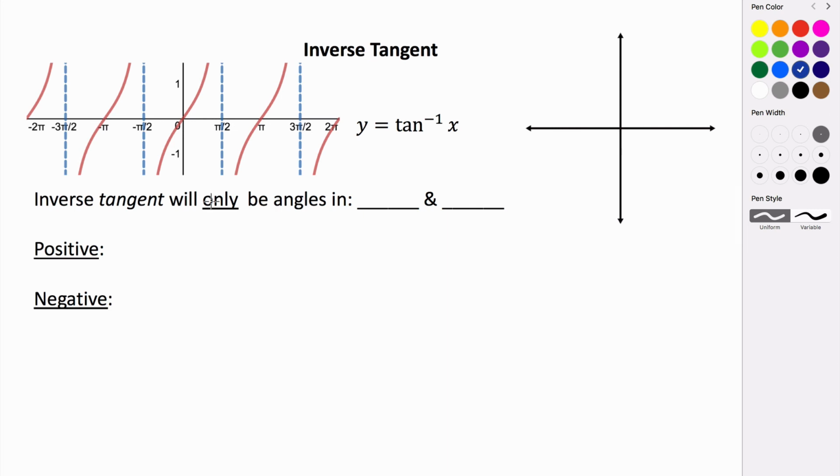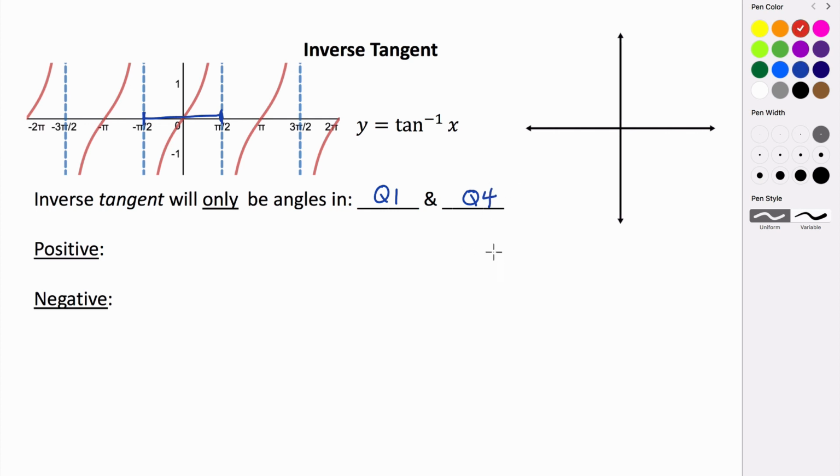And so it works out perfectly for this tangent function to just use this middle cycle. So from negative pi over 2 to positive pi over 2. This cycle is the perfect cycle to use because it's centered at the origin and it represents all of the values in our range. So that's going to be angle measures in quadrants 1 and quadrants 4.